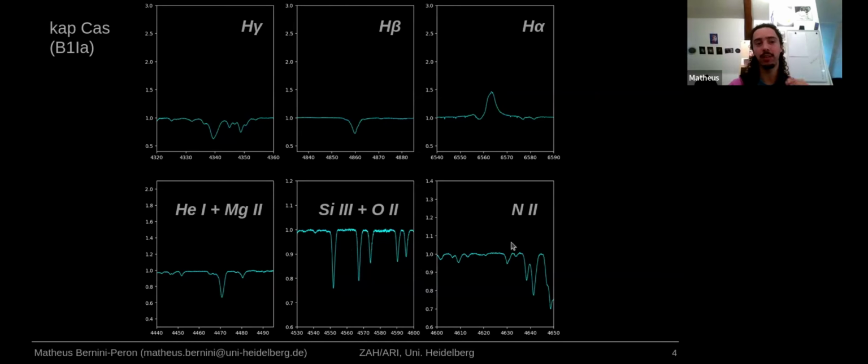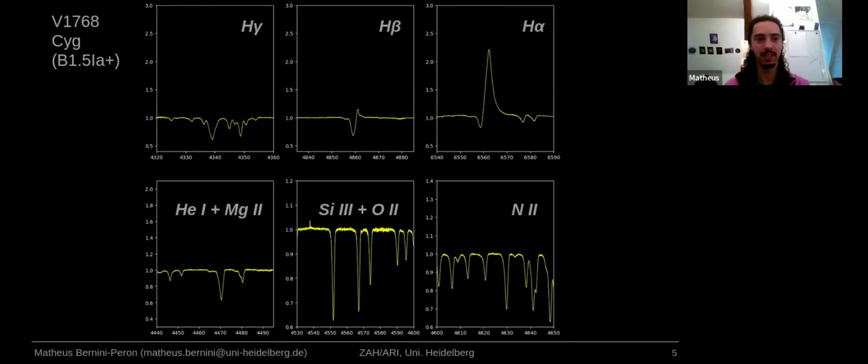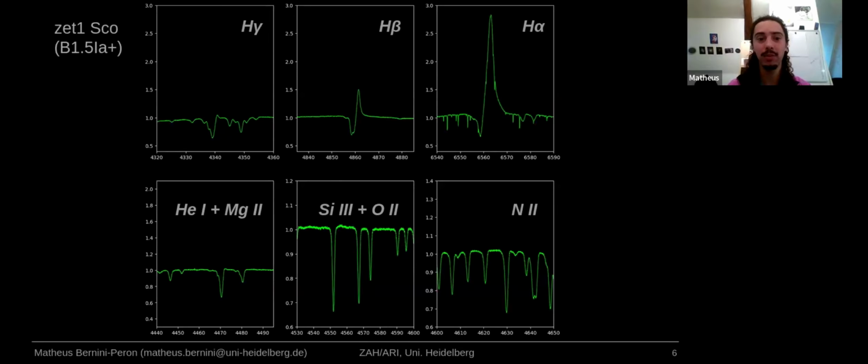And if I keep going up in luminosity class, and take here, for instance, B-hypergiants, then we start to see that even further orders of the Balmer series start to get in emission or in P Cygni as well, for instance H beta. And if I take other B-hypergiants as an example, even H gamma and then H delta, and even helium start to have some sort of a winged P Cygni component.